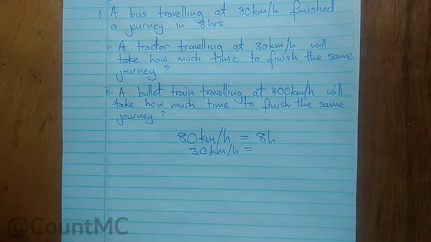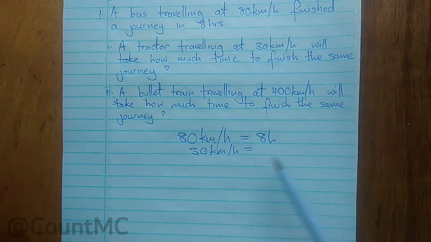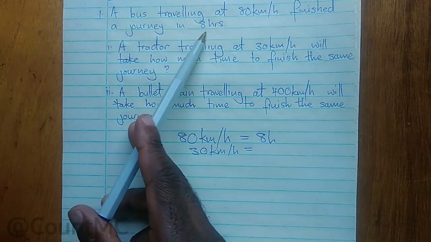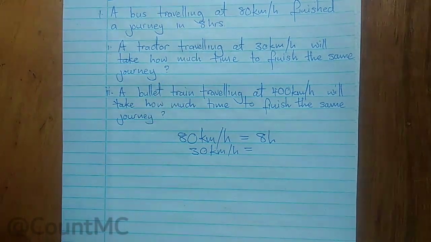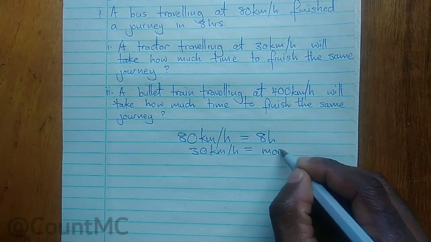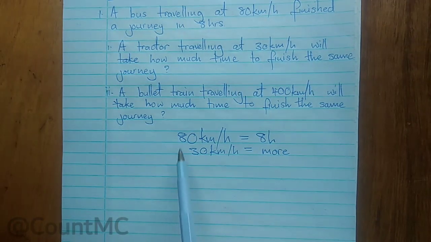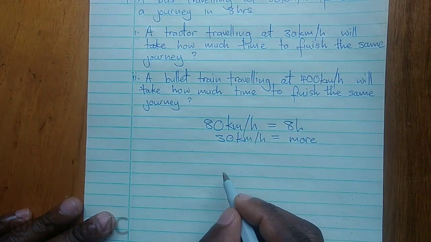So the speed is reduced. So will it finish the journey in more time or in less time? Because the speed has been reduced, it will take more time. That's why we call it indirect proportion, because this is reduced, but this will increase. So it's indirect proportion. Everything else doesn't change.